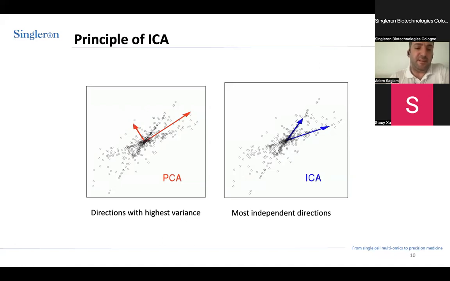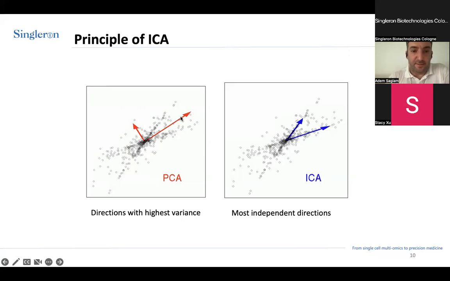In this case, since our data is 2D, there are only two components. But if you had more dimensions, more genes, then you would have more principal components. And at the end, we would still keep two for visualization purposes. So PCA indicates the directions of highest variance.